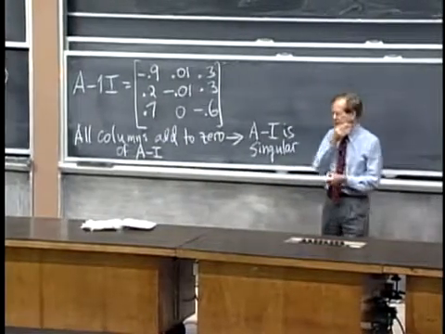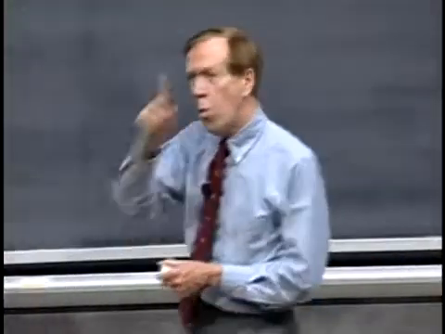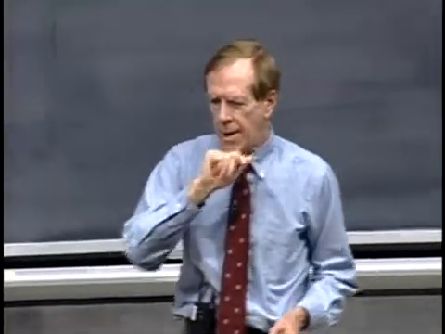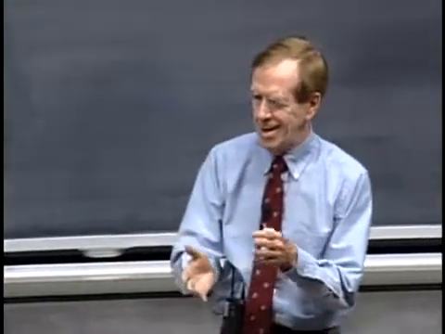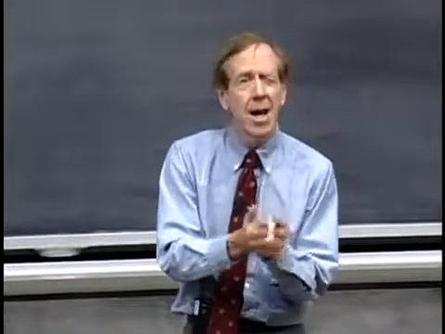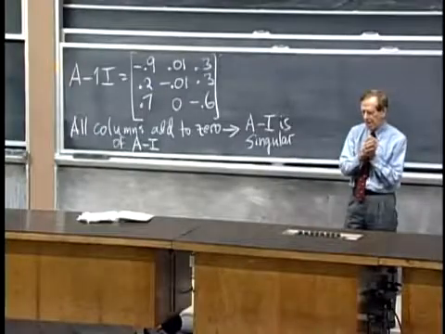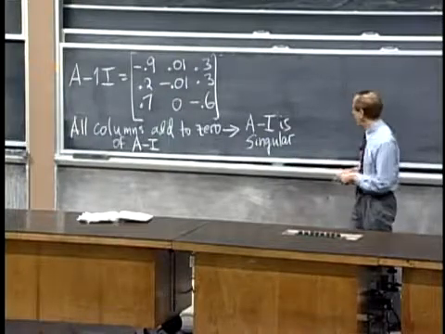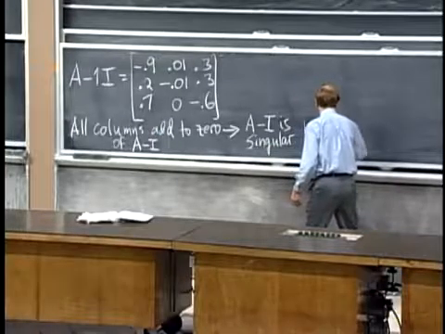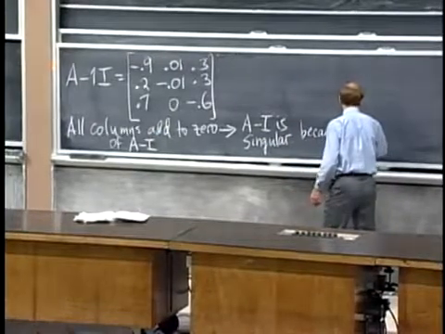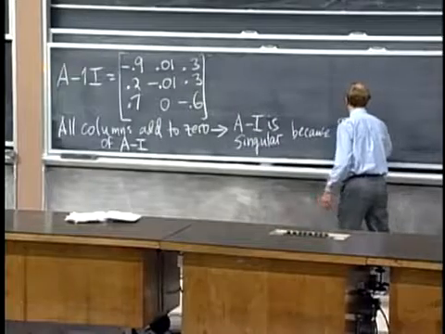The rows are dependent. In a way, that 1, 1, 1, because it's multiplying the rows, is like an eigenvector, it's in the left null space, right? 1, 1, 1 is in the left null space. It's singular because the rows are dependent.